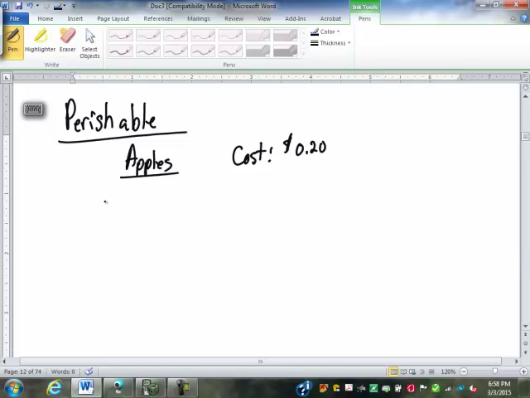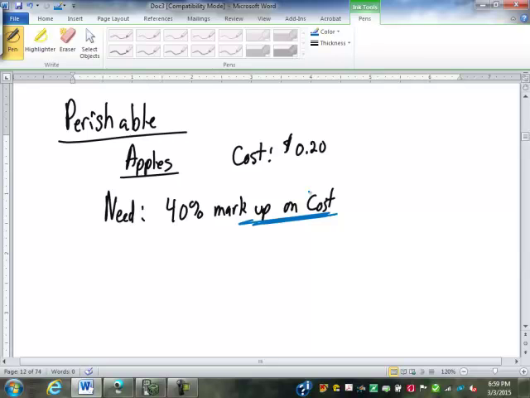To make a profit, we figure we need 40% markup on cost. Now, at this point, after the first hour of class, whenever you hear percent markup, your ears should be looking for one of two phrases, and you just heard one of them, on cost. That should set off some red flags of, hey, I need to know that, right?